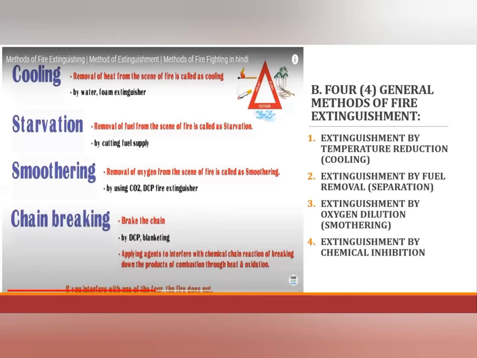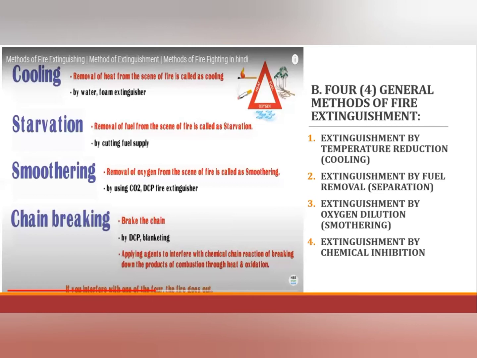is extinguishment by chemical inhibition, which we call chain breaking. That is to break the chain, or you will not allow the elements to merge together and give a chemical chain reaction.